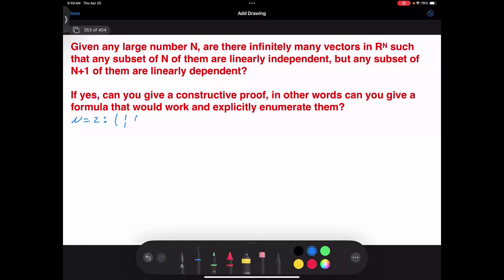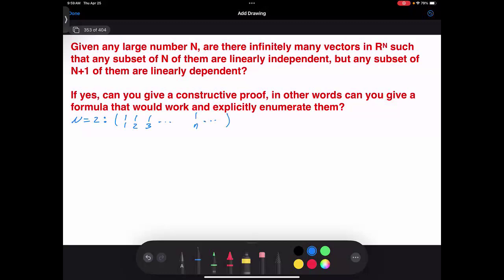Anything else? I'll do (1, 2). Now give me something that will be linearly independent with both of those. I don't want to be on the line through (1, 1). I don't want to be on the line through (1, 2). (1, 3), dot, dot, dot, (1, n), dot, dot, dot.